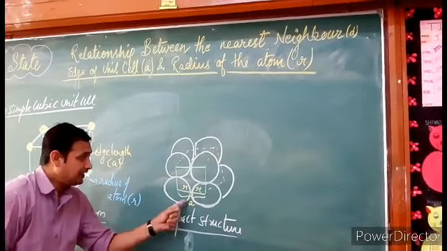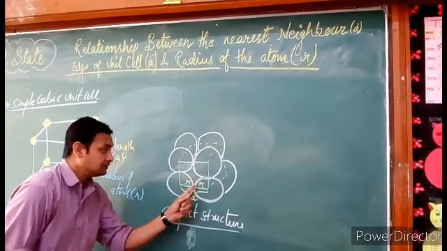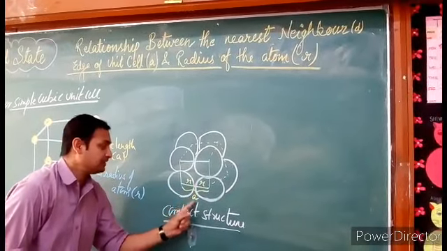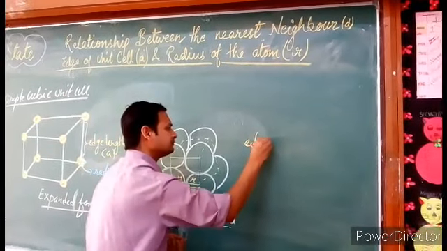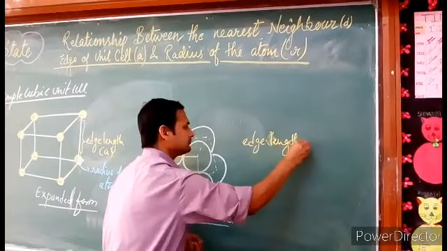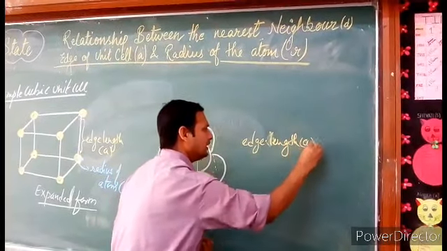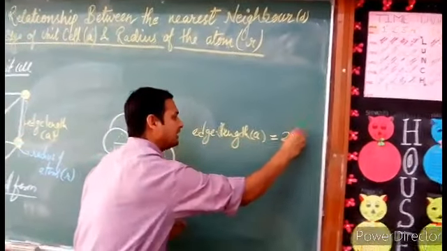The relationship between A and R, edge length and radius of atom, comes to be this one: A is 2 times the R, 2 times the radius.